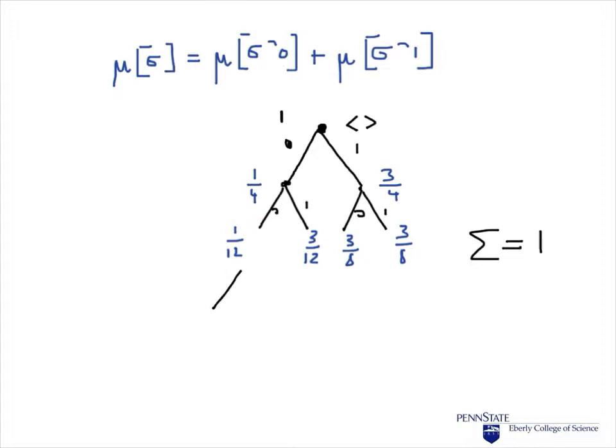So if we extend this tree now, whenever you cut through the tree like this and you collect the strings along the cut, then you always have this condition satisfied, that the mass or measure of the strings in the cut equals 1.